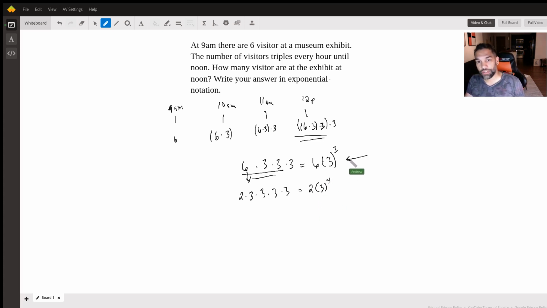They're the same answer, but I think the first one better signifies what's really happening, because you're starting with 6 people and then tripling it 3 times. But this is also a correct answer, technically speaking, within the confines of the question. So that's this answer here. If you have any questions, please feel free to reach out, and good luck with your math.